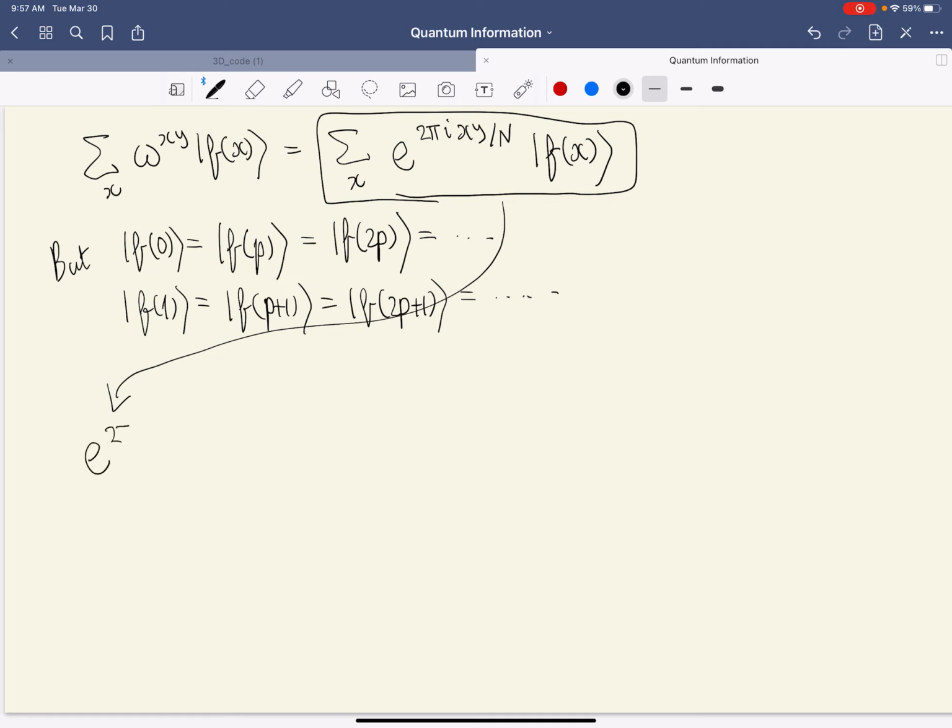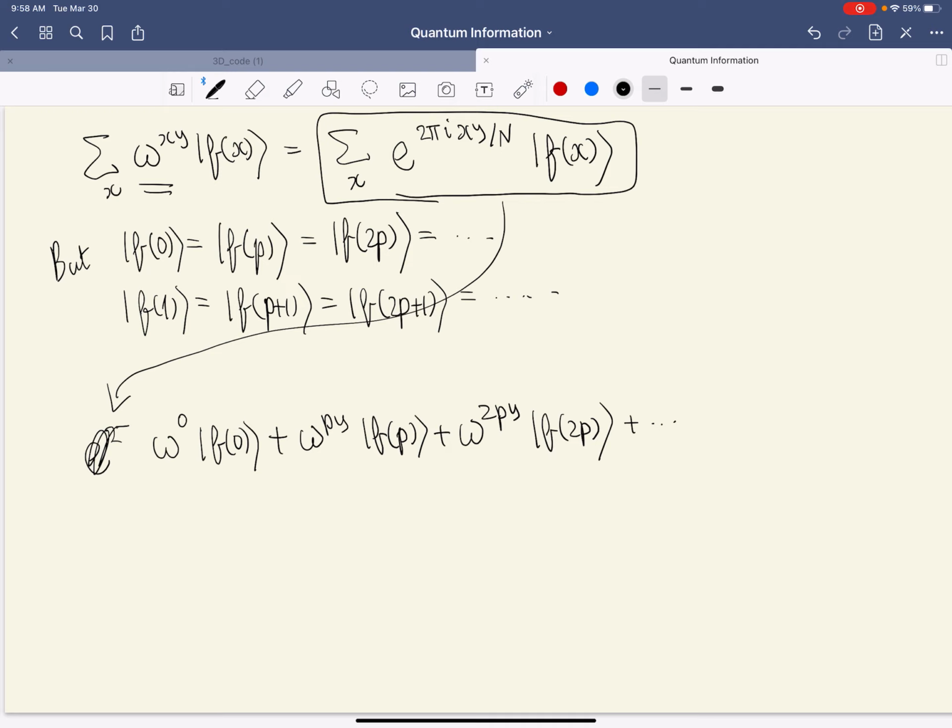Maybe I should just keep the omega expression: omega to the 0th power, f of 0, plus omega to the py power, f of p, plus omega to the 2py power, f of 2p, etc. But as I just mentioned, these are all the same states.